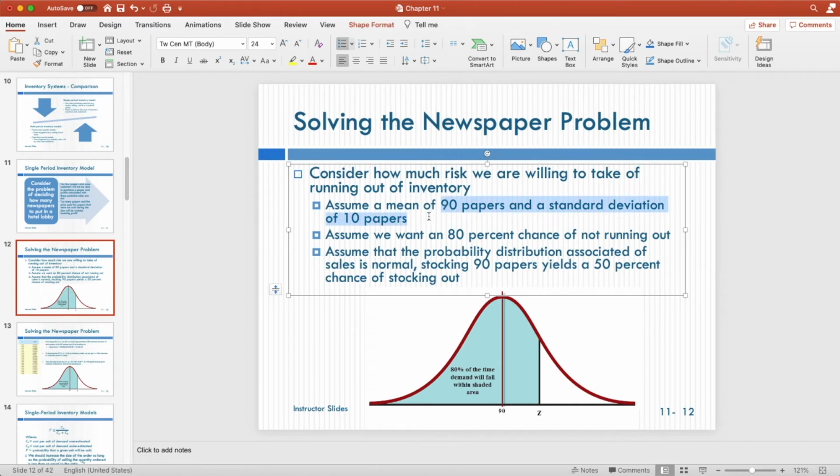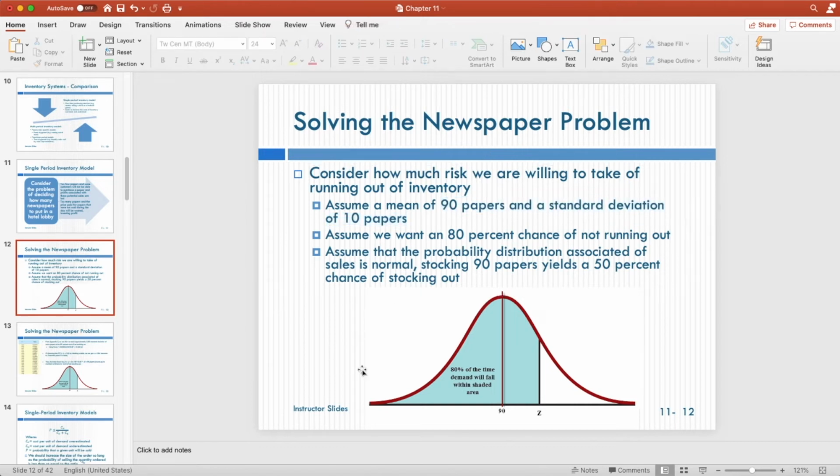Although you don't know exactly the paper amount that you can sell this morning, you at least know certain statistical reference about newspaper selling based on your previous experience as a hotel owner. So you know that the mean is 90 papers and the standard deviation is 10 papers.